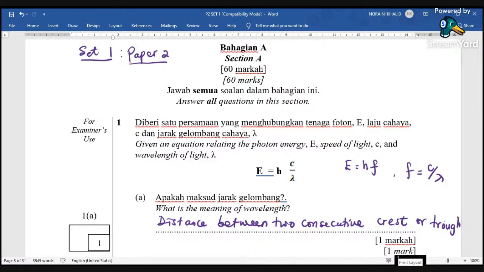Okay, or you have another definition like distance between 2 points which are in phase also can. Okay, just take one definition.